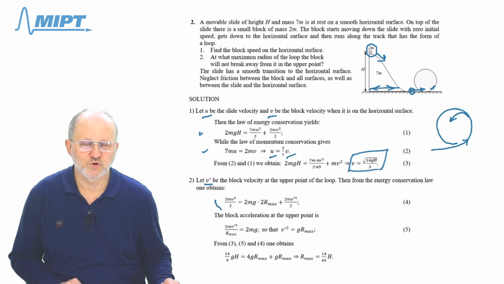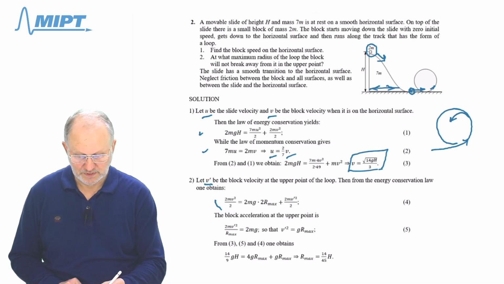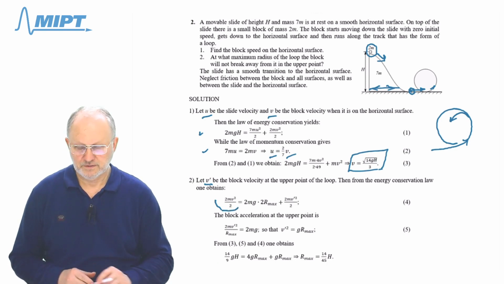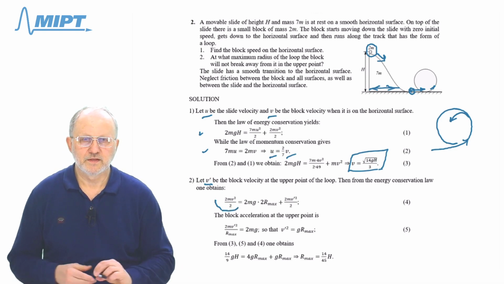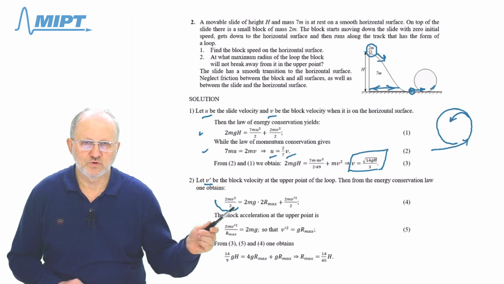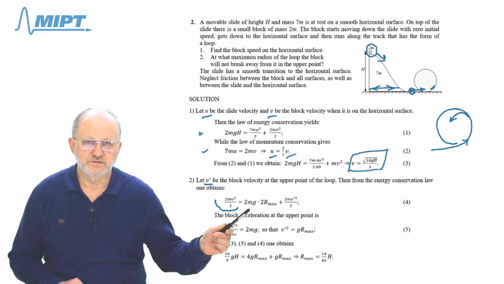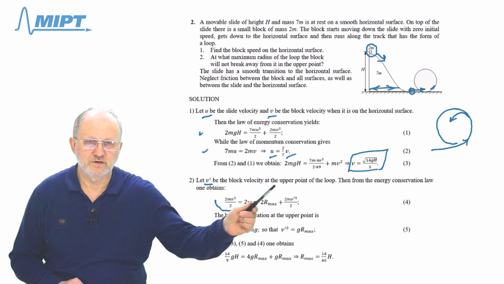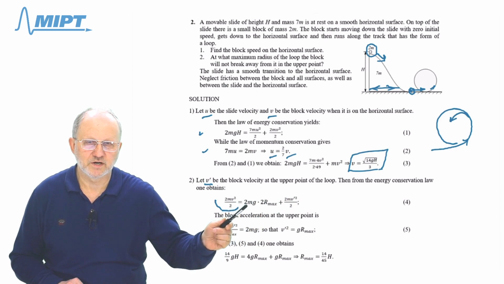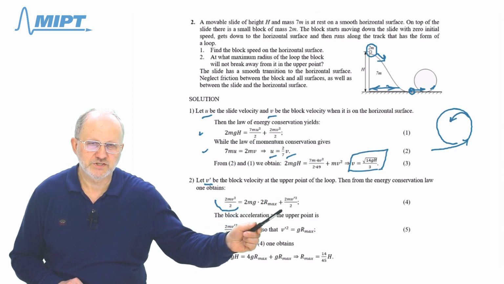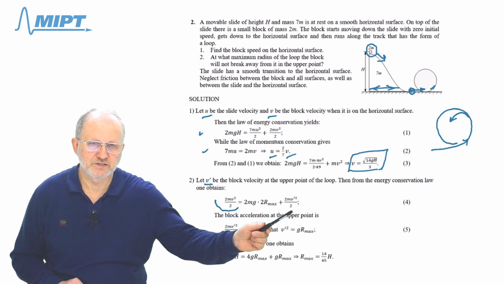Certainly in such problems we never consider the air drag, and therefore the initial kinetic energy of the block will be transformed into the final mechanical energy of the block, which will consist of the potential energy and the kinetic energy of the block.